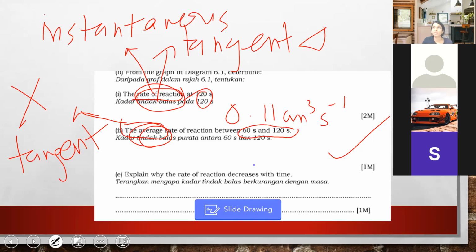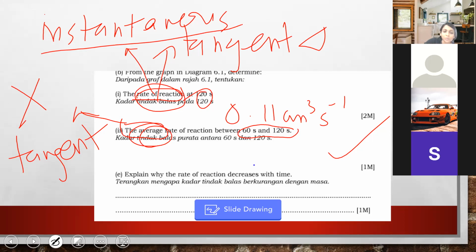Which one must I just go to the y-axis and find the answer? Average. Very good. So all of you, by the side of the paper or any paper around you, put that note down. Rate of reaction, another word for it is instantaneous rate of reaction, must find tangent. Average rate of reaction, no need to find tangent.